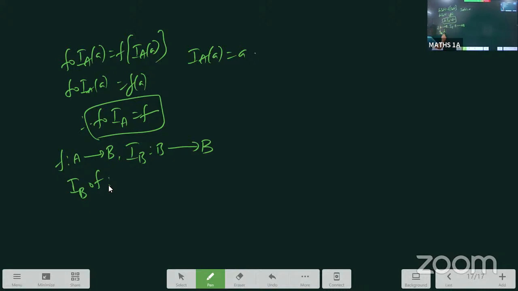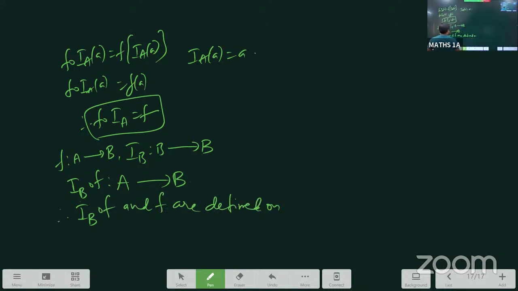It is A. And what is the codomain of Ib? It's B. Right? So therefore, again, Ib circle f and f are defined on the same domain and codomain.